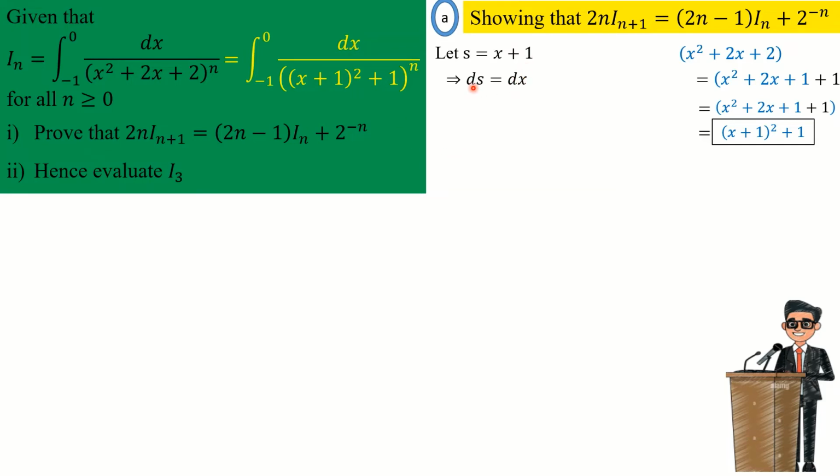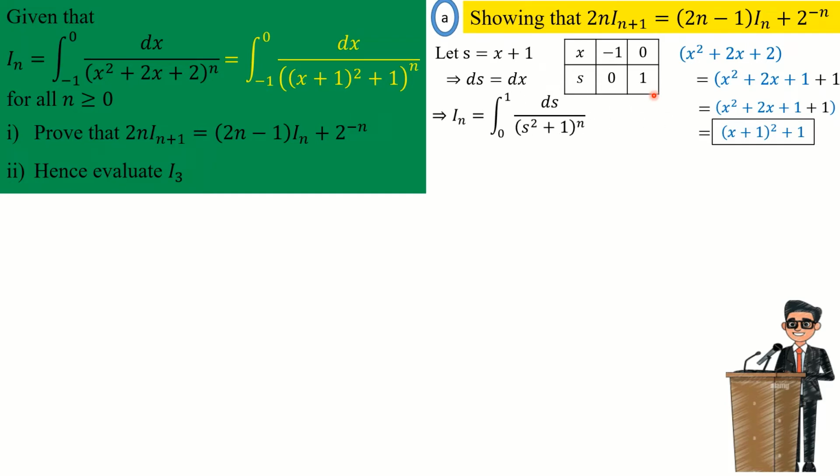But my bounds are still in the x world, so I need to change those bounds. x begins from -1 to 0. When x is equal to -1, s becomes -1 plus 1, which is 0. When x is equal to 0, s is 0 plus 1, which is 1. I am good now because I have positive bounds, so I can proceed.